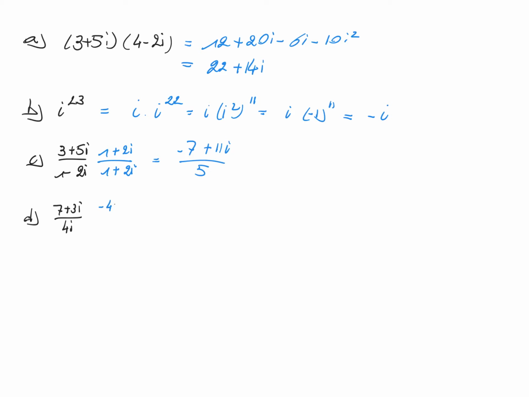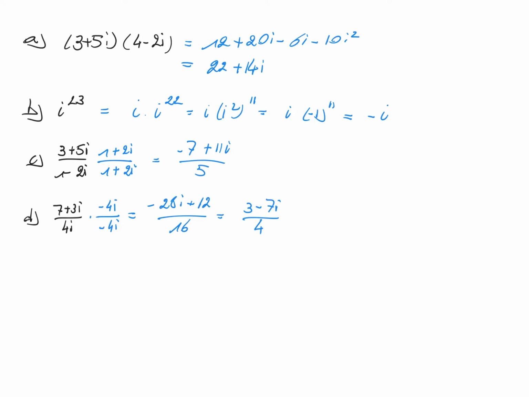We could multiply by the conjugate, so by minus 4i in the numerator and the denominator. This gives me minus 28i minus 12i squared, so this becomes plus 12, over minus 16i squared, or 16. Then we can divide every term by 4, so this is 3 minus 7i over 4.